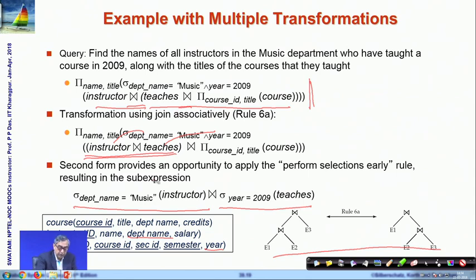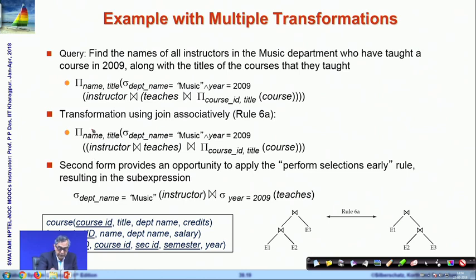So, naturally each one of these will become much smaller compared to the whole instructor or teaches relation. Therefore, their join will also be smaller, which means eventually this part of the query will become much smaller in result size, and the consequent second join would be much smaller to perform.